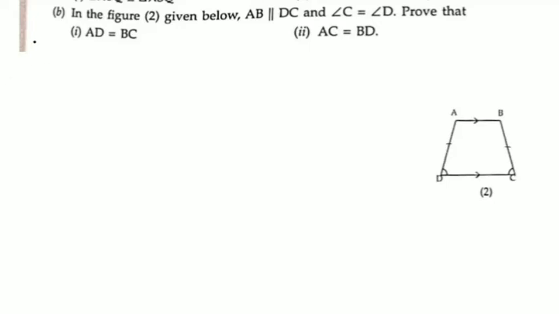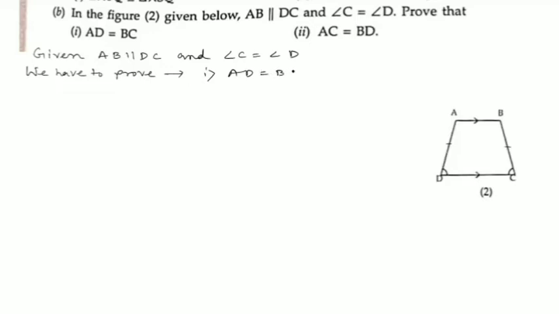Okay, so here given AB parallel to DC and angle C is equal to angle D, we have to prove number 1 AD is equal to BC and number 2 AC is equal to BD.